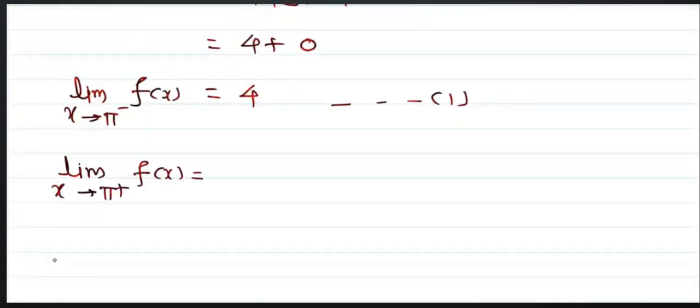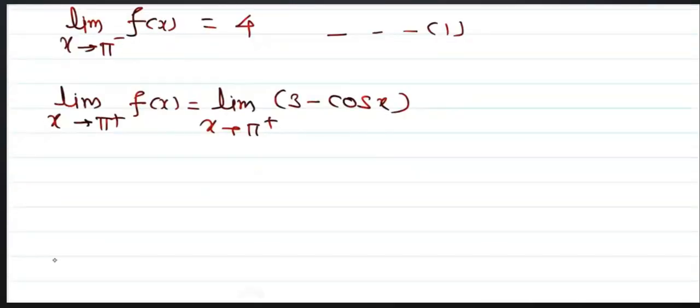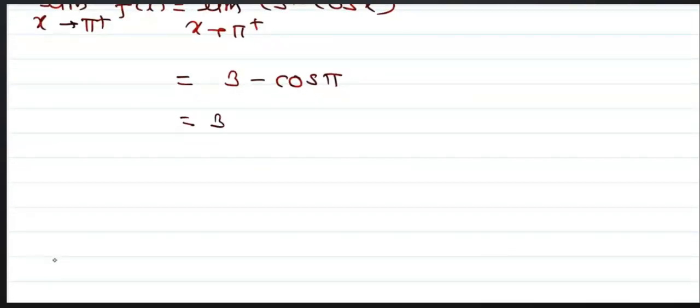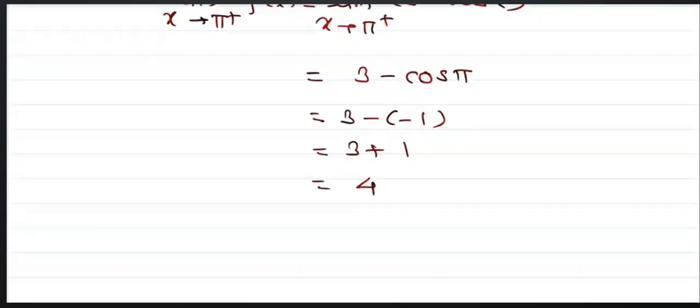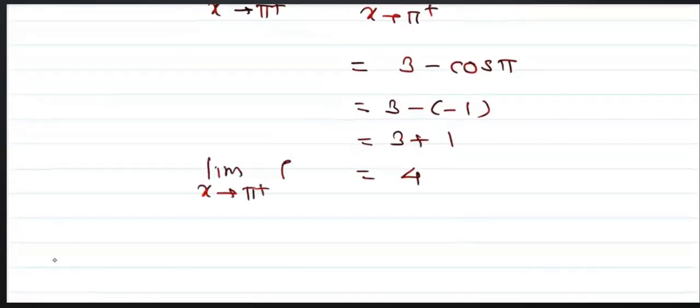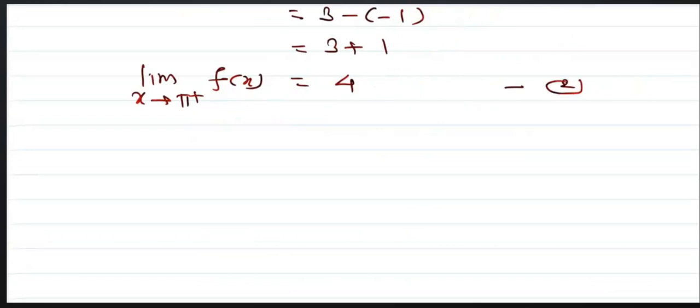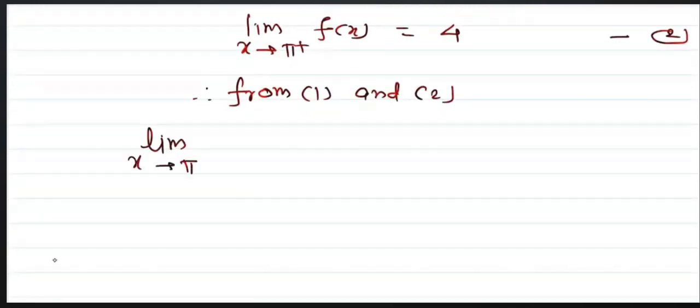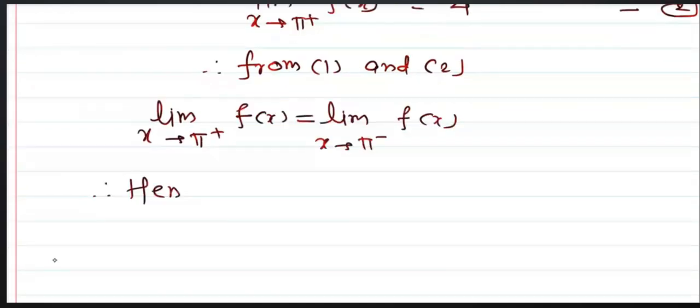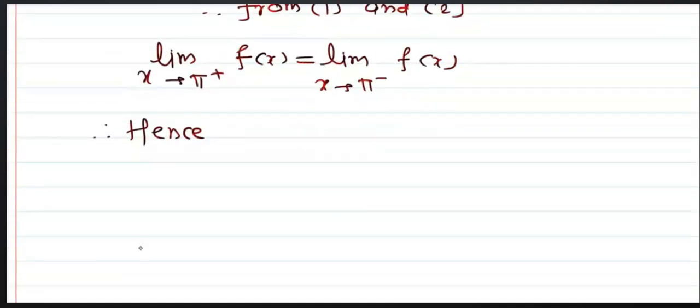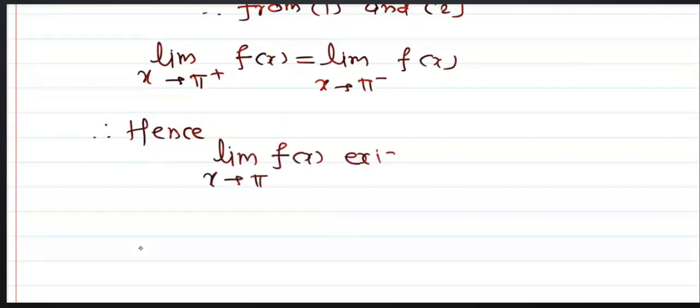This is number 1. Limit x tends to pi, that is the right hand side limit, 3 minus cos x, and the cos of pi is minus 1, 3 minus in bracket minus 1, 3 plus 1, that is equal to 4. That is limit x tends to pi plus f of x. This is number 2. Now from 1 and 2, the right hand side limit is equal to the left hand side limit, and hence the limit exists and is equal to 4.